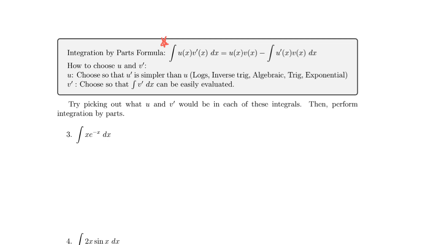When we choose u and v prime, we calculate u prime and v, and we plug it into this formula here. What that means is that we end up solving one integral, this first integral, and we end up getting an answer that has in its form a second integral. But the hope is, if we've been clever in our choices of u and v, that second integral will be a little bit easier to compute than the first one.